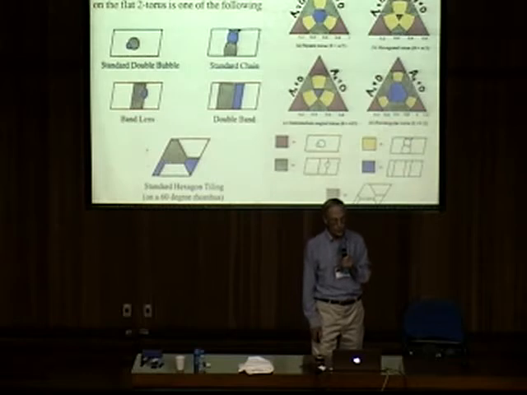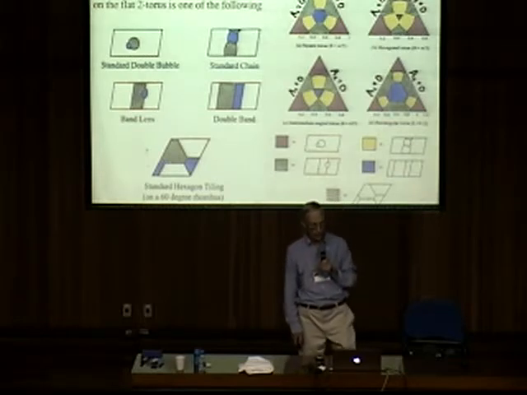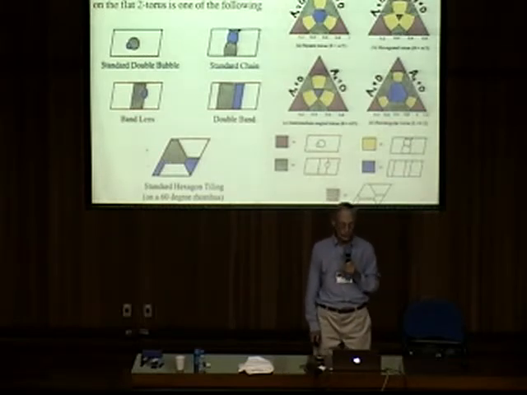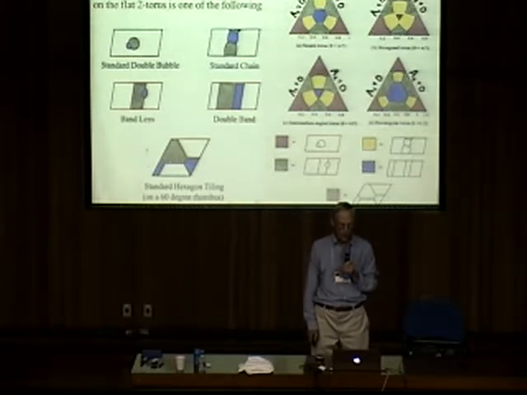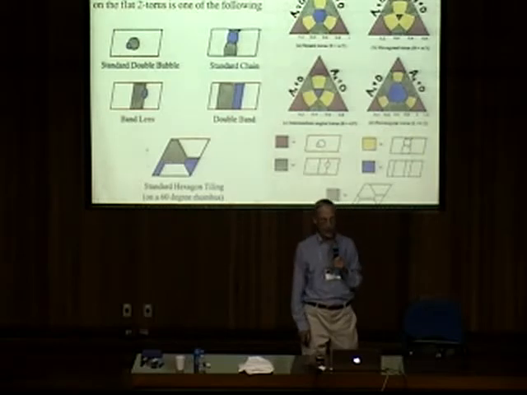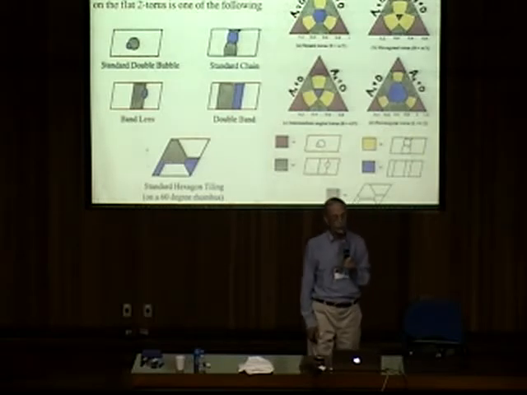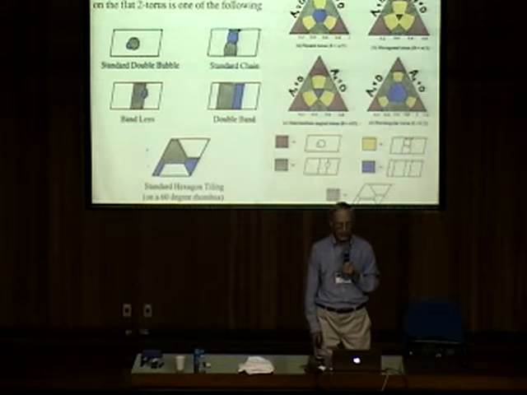Otherwise, along the edges, where just one of the areas is small, you get that decorated strip. That's the green picture, the decorated strip. And then there are those yellow regions where two of the areas are kind of small but not too small, where you get that chain. And then finally, in the middle, where the three areas are all pretty big, you get the double band.